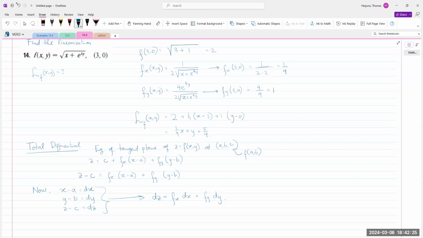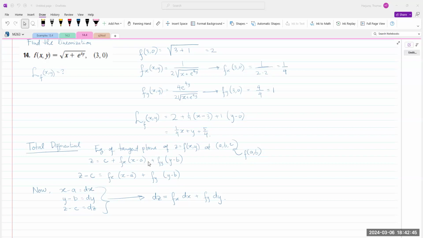Okay, notice that this actually comes from linear approximation from the tangent plane. Okay, now then how do we use this? We actually use that for the following situation.